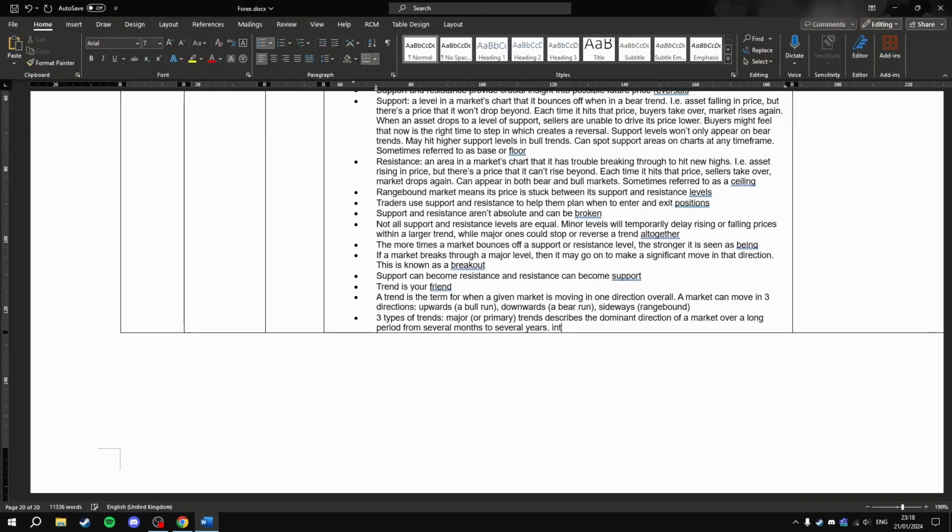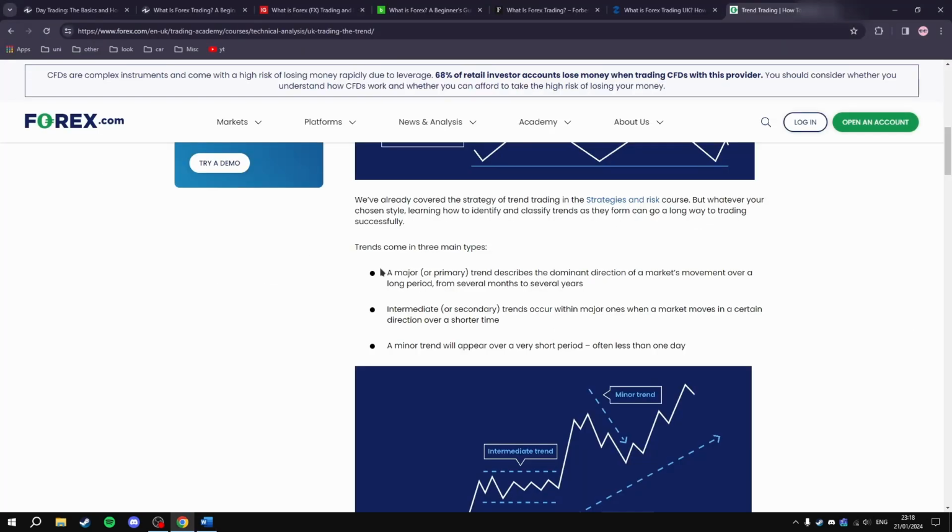Intermediate or secondary trend occurs within major ones when the market moves in a certain direction over a shorter time.